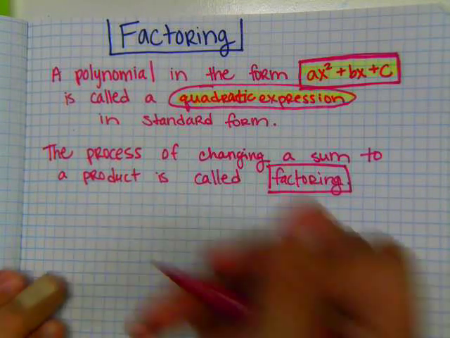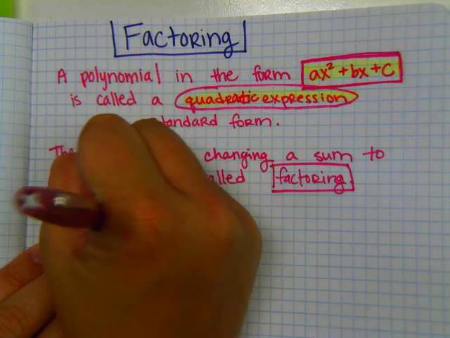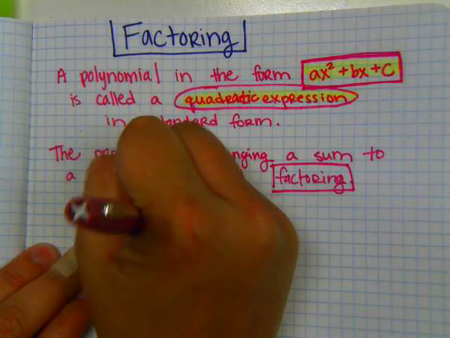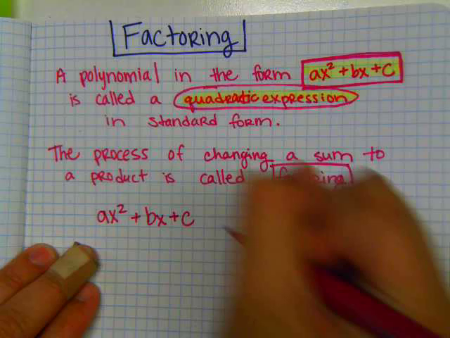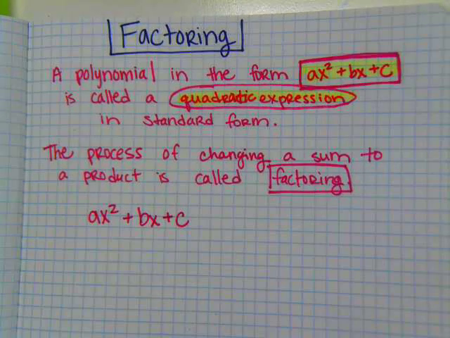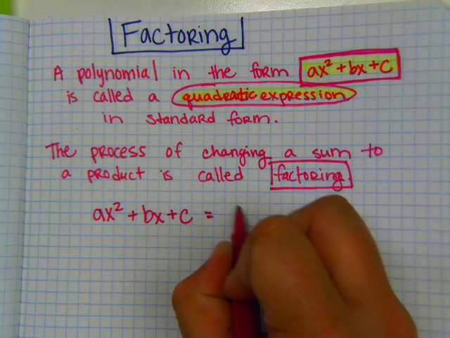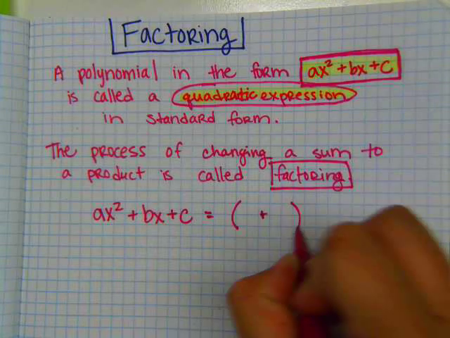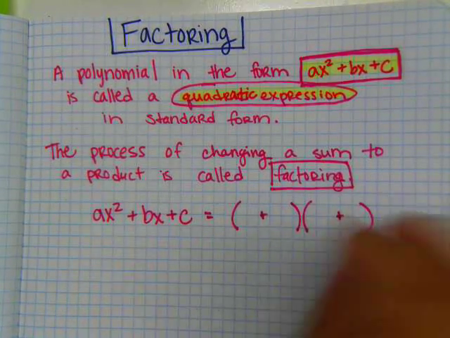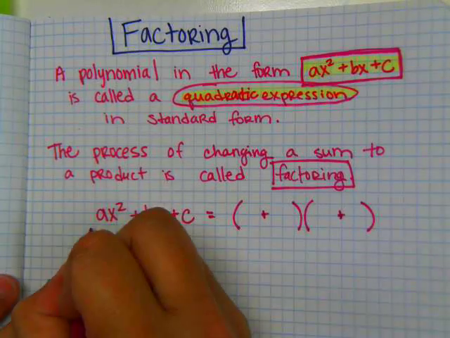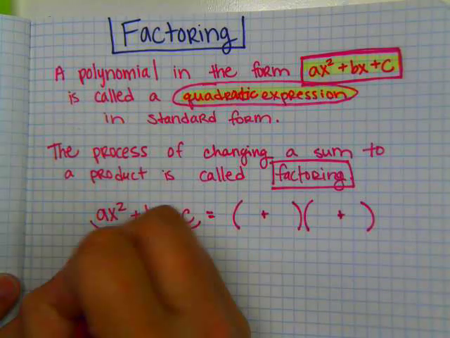Okay, so we're going to write ax squared plus bx plus c. That's our quadratic expression, but we're going to turn it into something like this. So this is a sum. This is standard form.